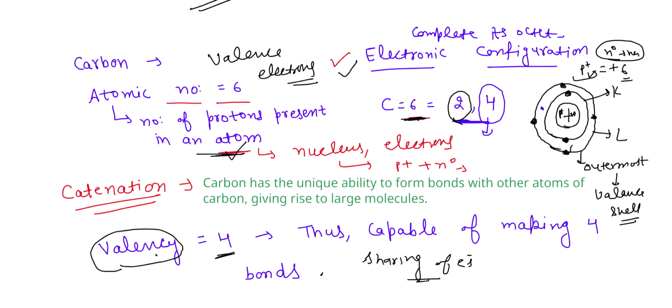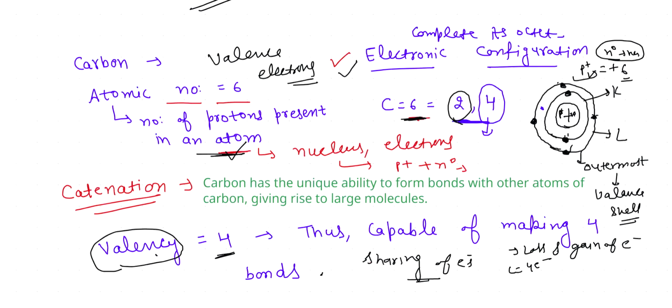Ionic bonds are those bonds in which there is loss and gain of electrons. Carbon also cannot lose its 4 electrons. If it loses its 4 electrons, it will remain with only 2 electrons and complete its duplet, but that is difficult for the atom.